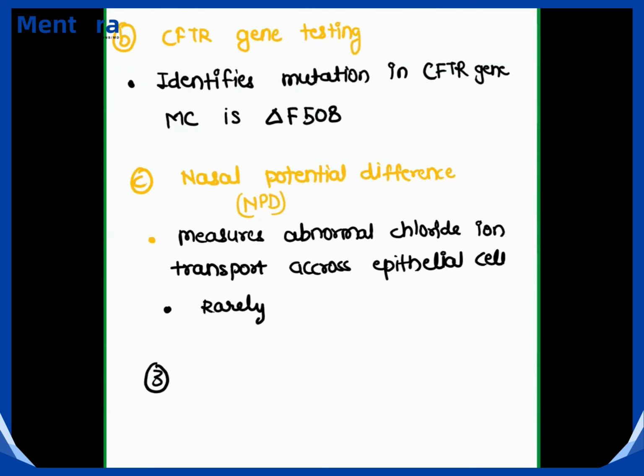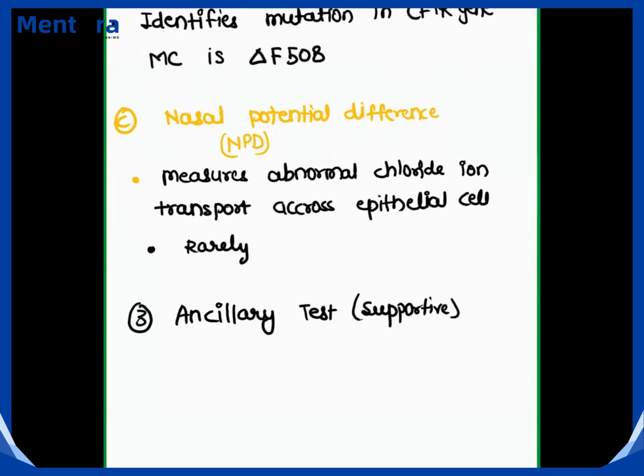The third type of investigations are ancillary investigations. That means the supportive tests, which indirectly indicate the possibility of cystic fibrosis.